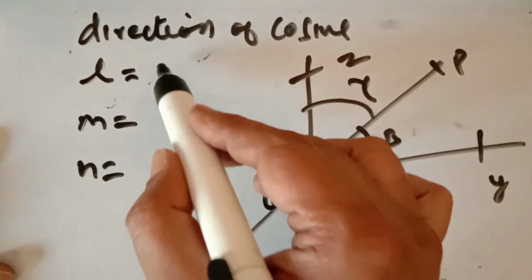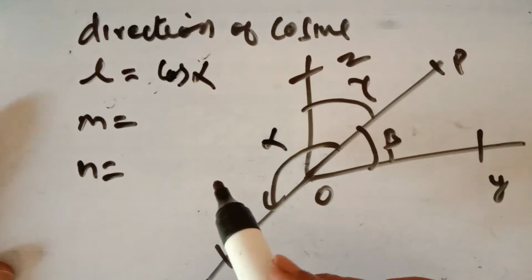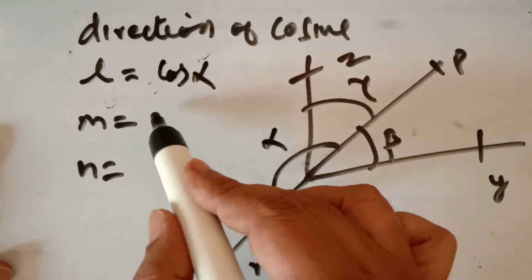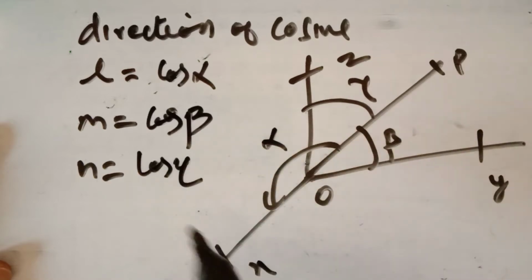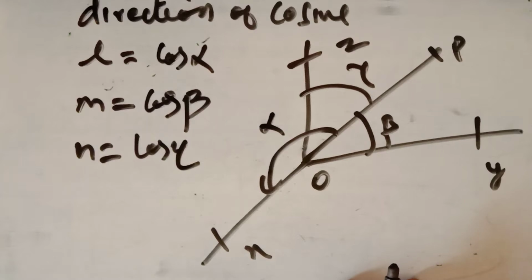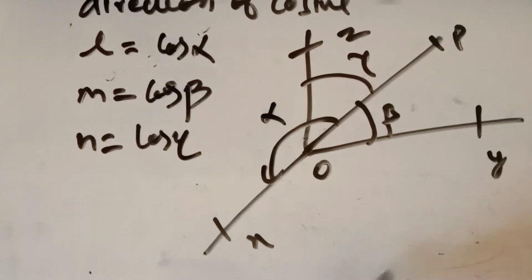They are cos alpha, cos beta and cos gamma. So these are the direction cosines of the vector OP making angles alpha, beta, gamma with the x-axis, y-axis and z-axis.